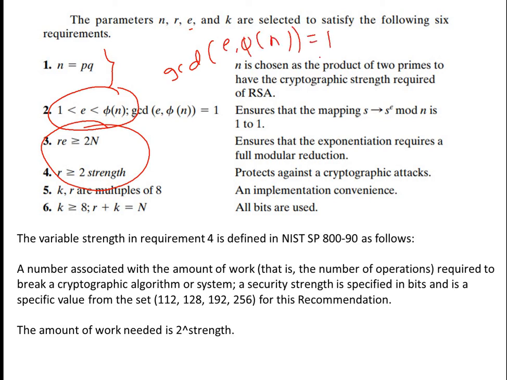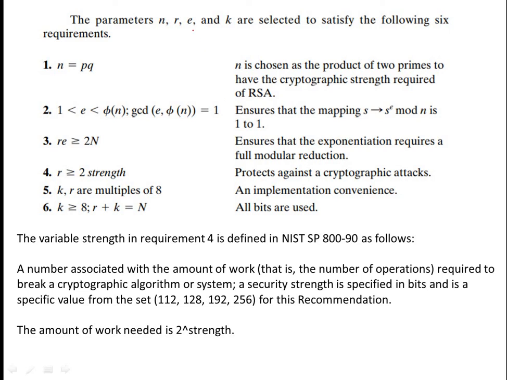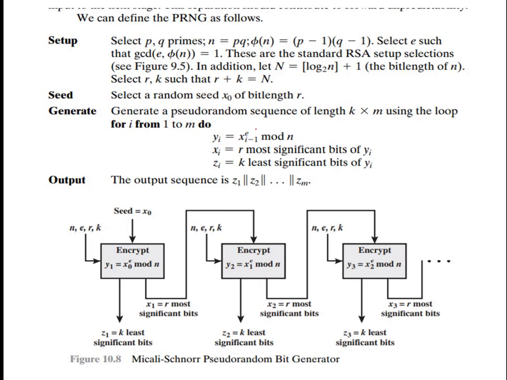We have already studied this in our RSA algorithm. The same e is there, and k is the random bit. All these things we have discussed. This one is very important.